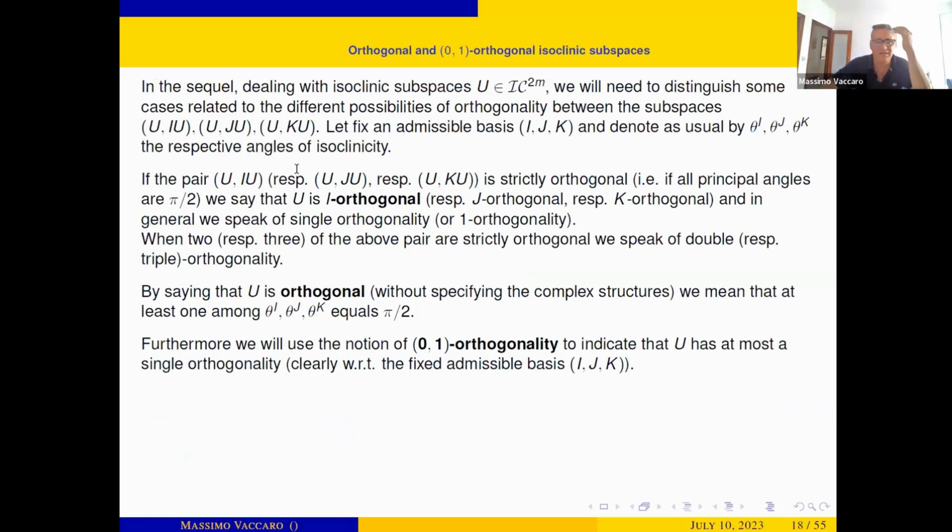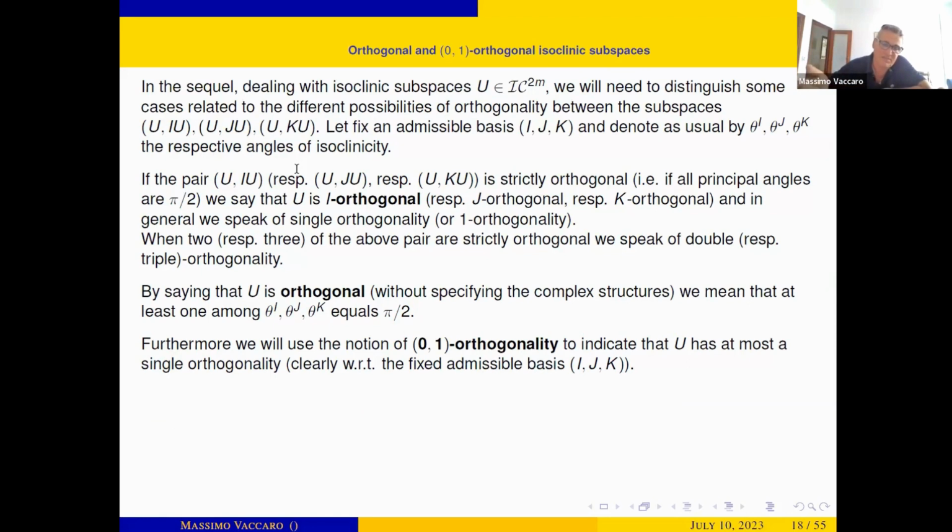Okay, when we speak about isoclinic subspaces, we just have to see if some of the principal angles, theta I or theta J or theta K, are equal to 90 degrees. According to whether 1 or 2 or 3 of them are equal to pi over 2, I call it I-orthogonal, just orthogonal if it's at least 1, or 0-1 orthogonality.